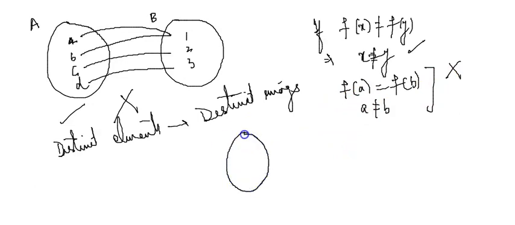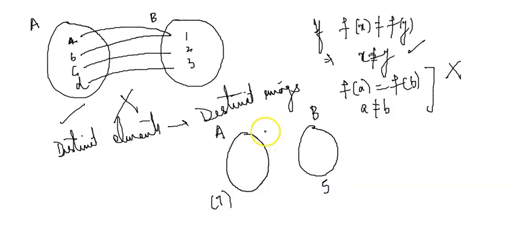Now suppose A has, you say, 7 elements and B has, you take, 5 elements.